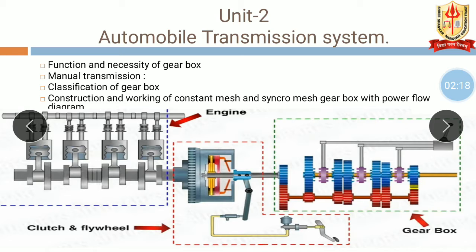Accordingly, we have a number of gears in the gearbox, and we select first gear, second gear, third gear, fourth gear. From first to fourth gear we increase the speed, and from fourth to first gear we increase the power, meaning the torque.